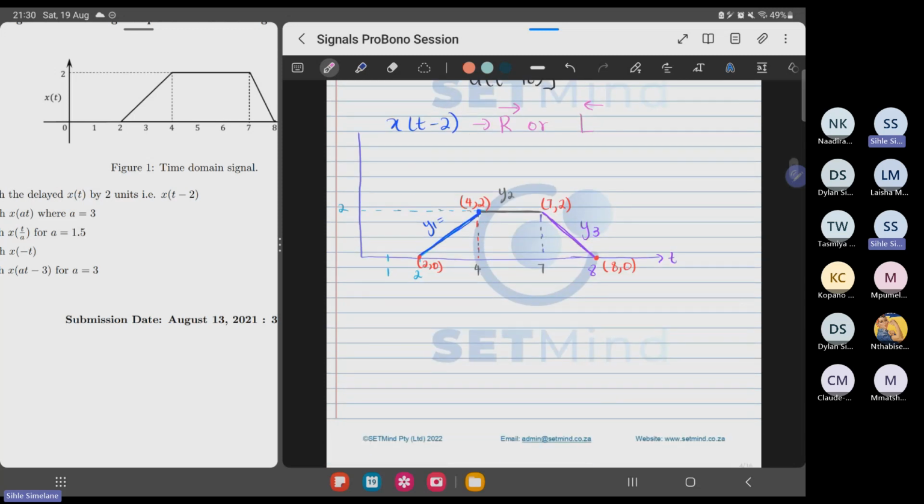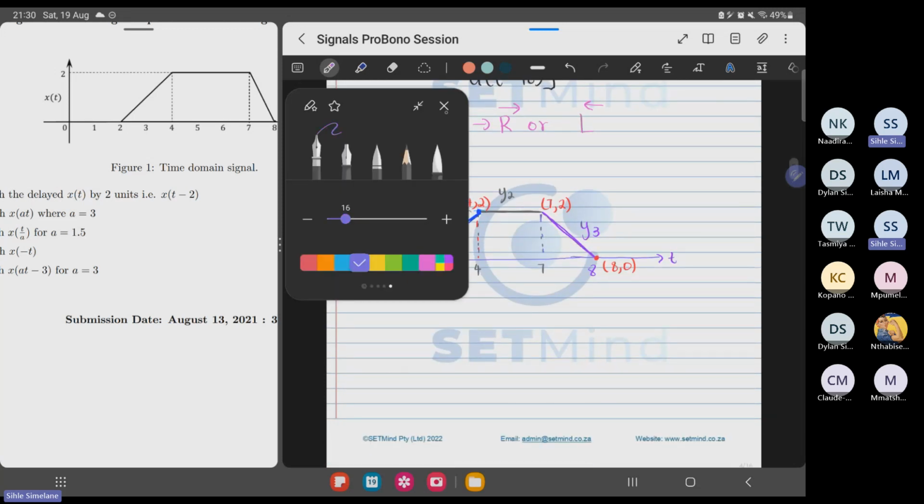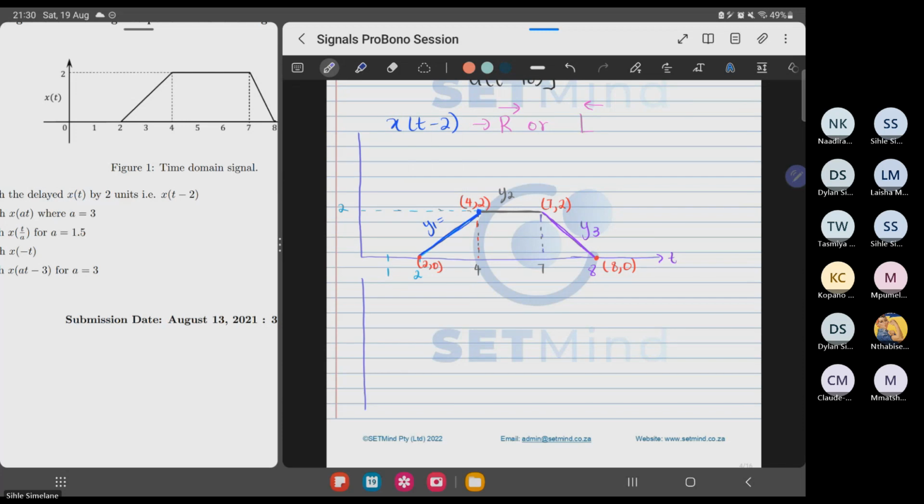Okay, so which means if I draw a similar graph here, and let me put the 2 here, then let me put a 2 here, and then let me put a 4 here. Let me put a 7 here, and let me put the 8 here.